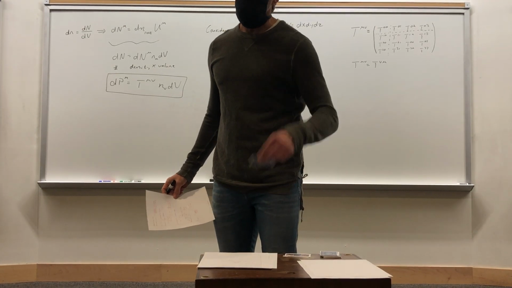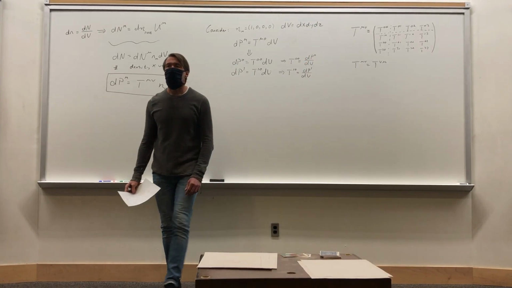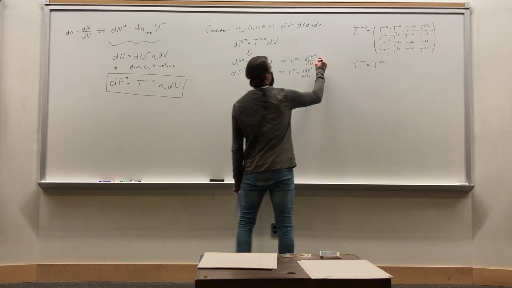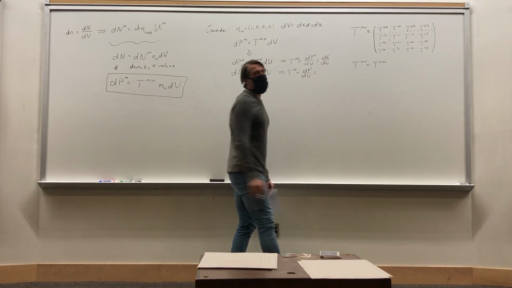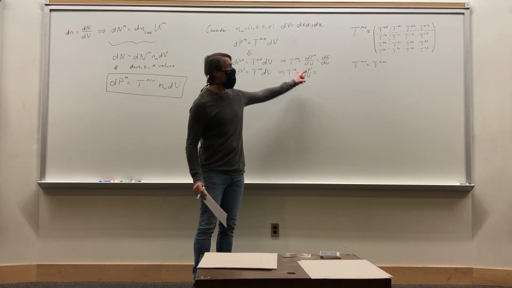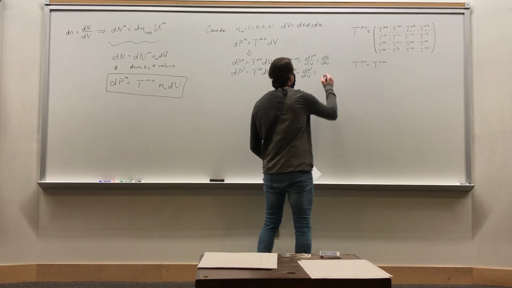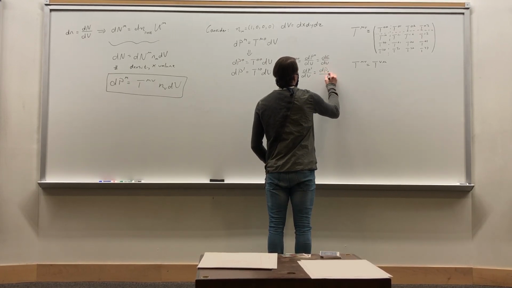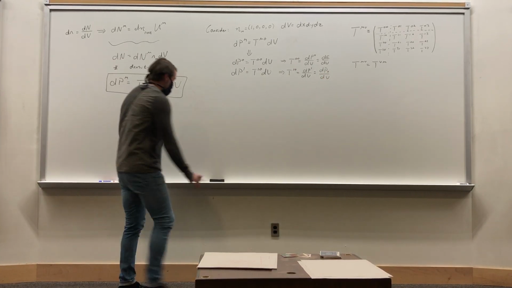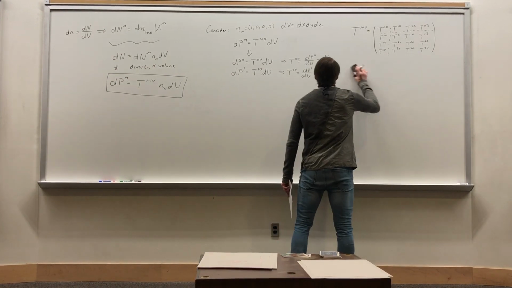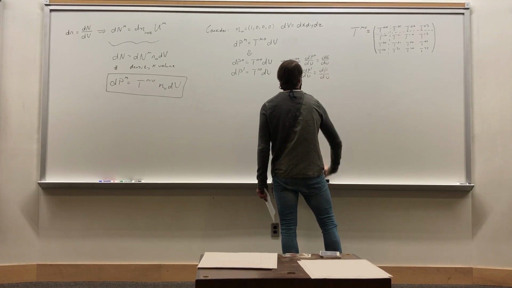So many victims. Liam. What's P0? Energy? It's the energy, exactly. We're on a hot streak. Liam, what's P1? Momentum? It's the x component of the momentum, exactly. Okay? So, and we might as well call that P1, in which case I should have just left it as dP1.